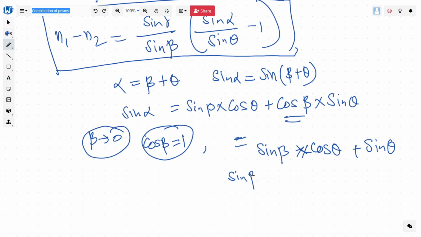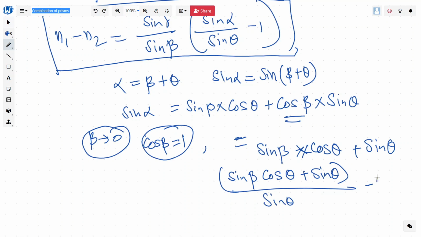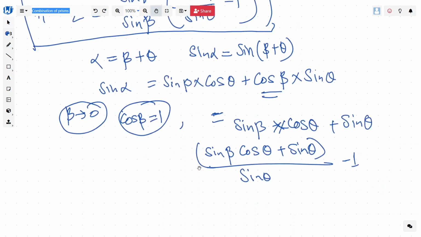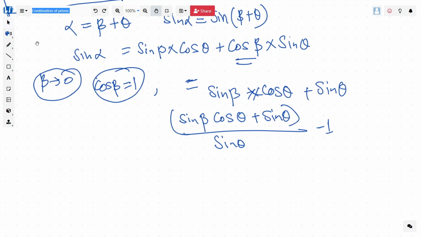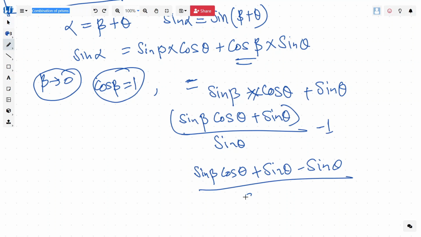So sine beta cos theta plus sine theta divided by sine theta minus 1, and that will give us sine beta cos theta plus sine theta minus sine theta divided by sine theta, and that will be equal to sine beta divided by tan theta.